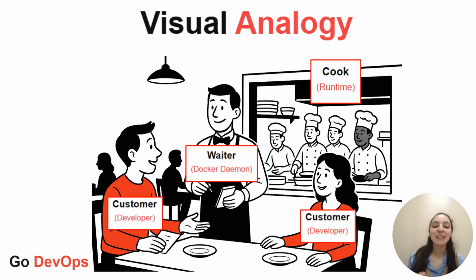And in Docker, this cook is the container runtime. So it takes the orders from the waiter and turns the ingredients, images, and layers into a fully working container. So in this episode, we'll see exactly how this cook operates. So we'll be talking about the container runtime.